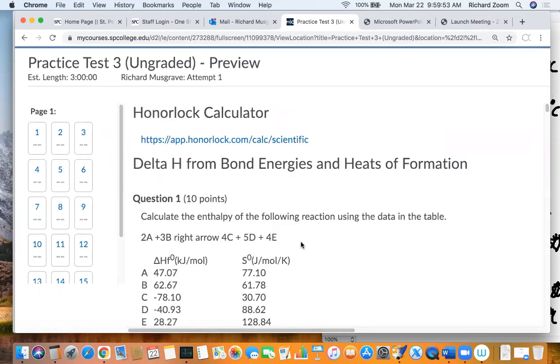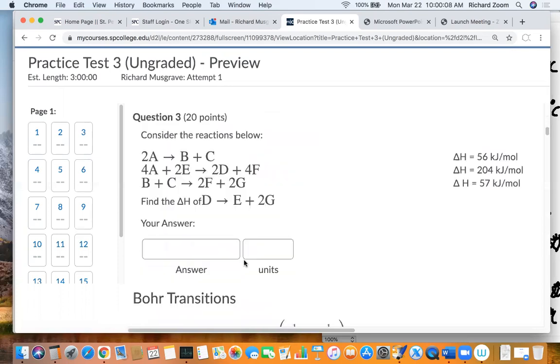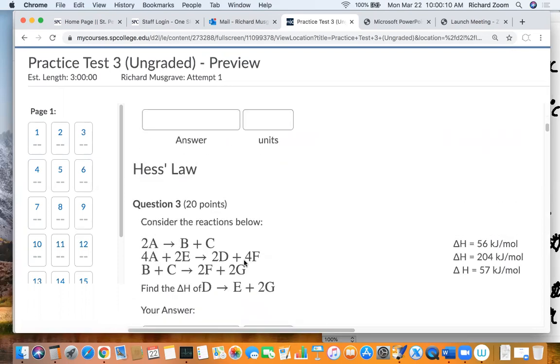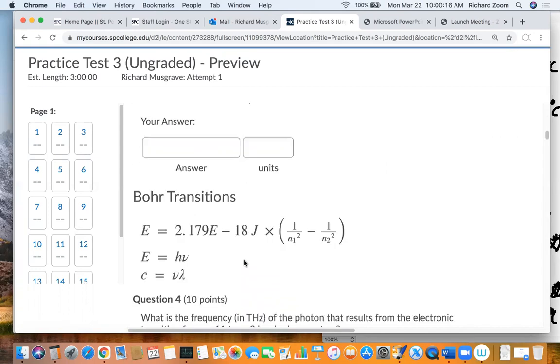Now remember, even if you didn't really understand how to do this kind of problem here, question 2, I do have videos that should have helped you with being able to do that kind of problem. The Hess's law ones, I know those are a bit more of a challenge. I will go through some of those in more detail a bit later.